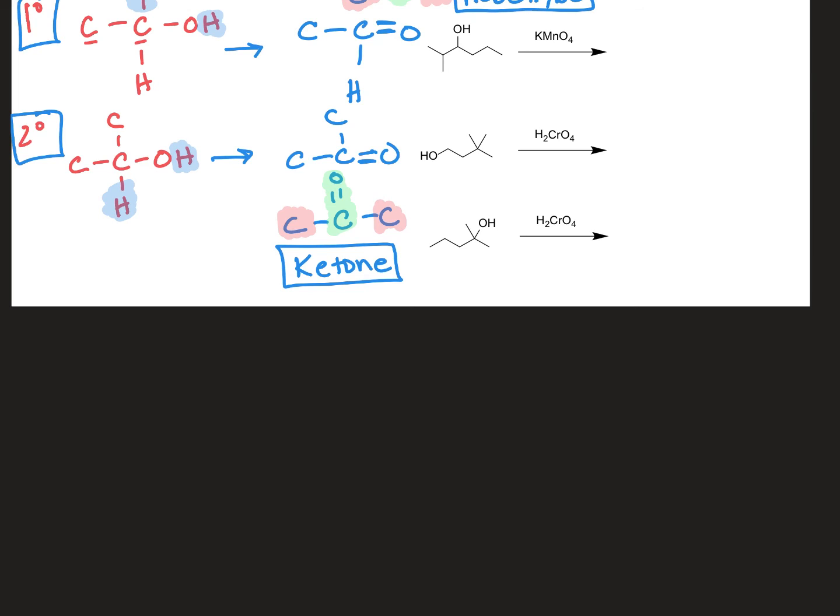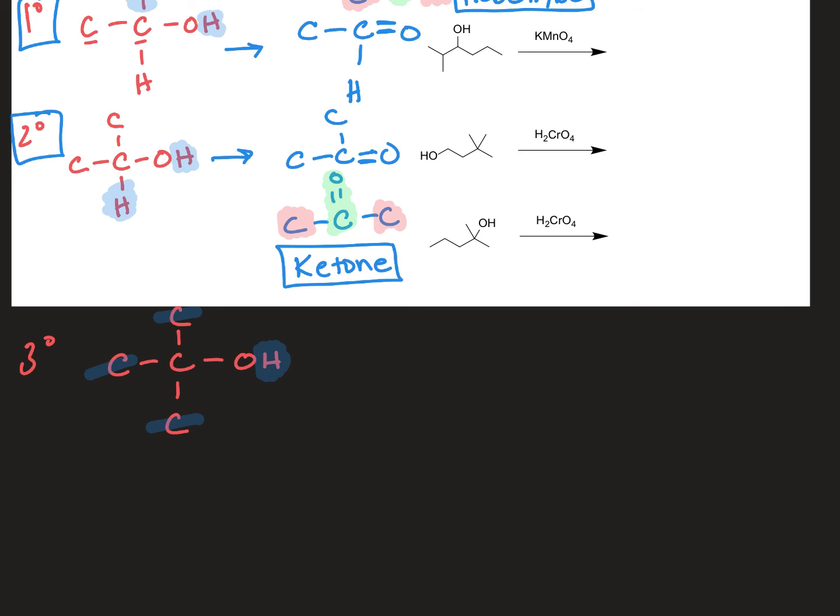If we think the same process through a tertiary alcohol, now that OH is attached to a carbon that's attached to three other carbons. For the oxidation, again, I need to remove the hydrogen from the oxygen, and I need a hydrogen on that adjacent carbon to remove, and I don't have it. What I have instead are three carbon atoms.